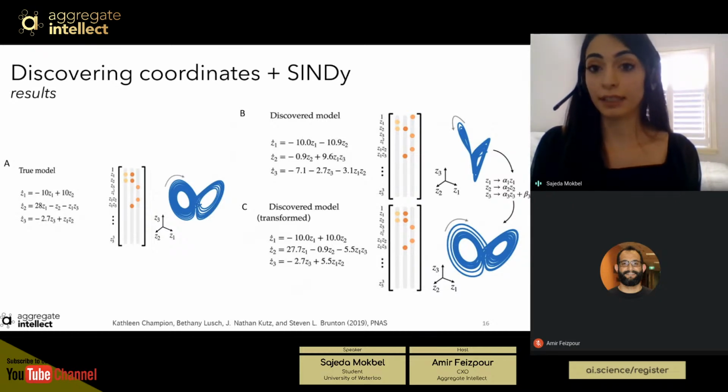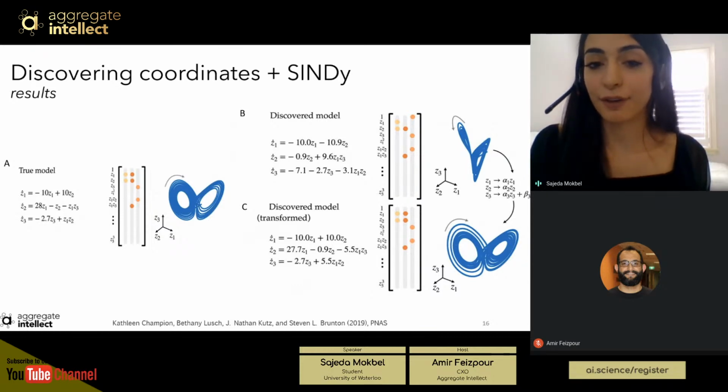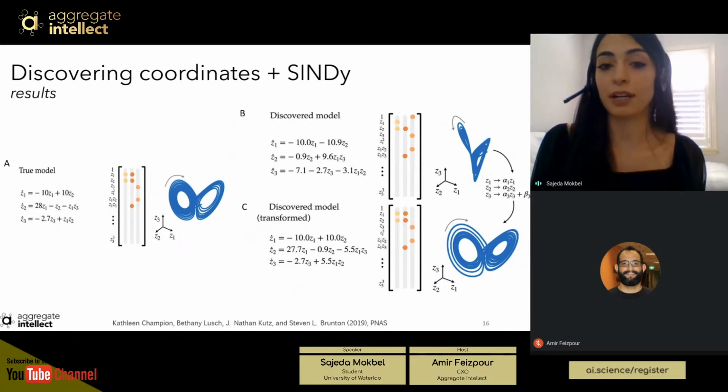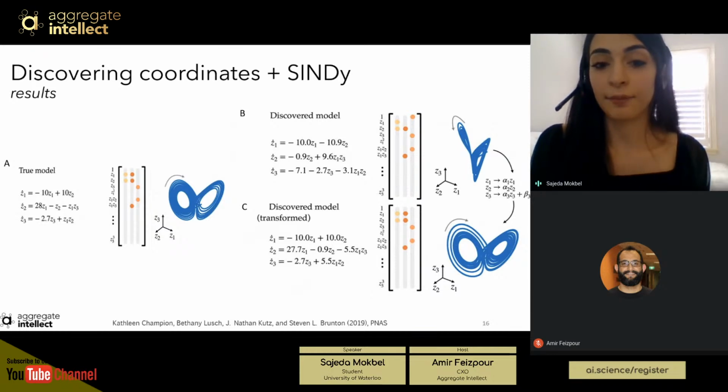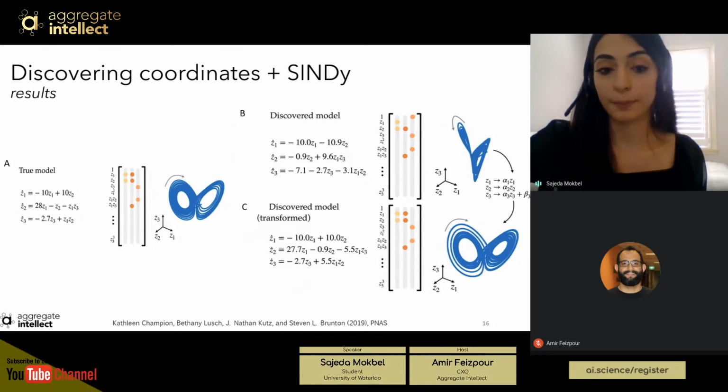But what I thought was really interesting is that even with this not exactly correct discovered model, if you apply an affine transformation, it was able to discover a model that gets very close to the true model, except for the negative 5.5 term in front of Z1 and Z3 and Z1 and Z2 in the last equation. But the main dynamics are basically there, which I thought was really cool.